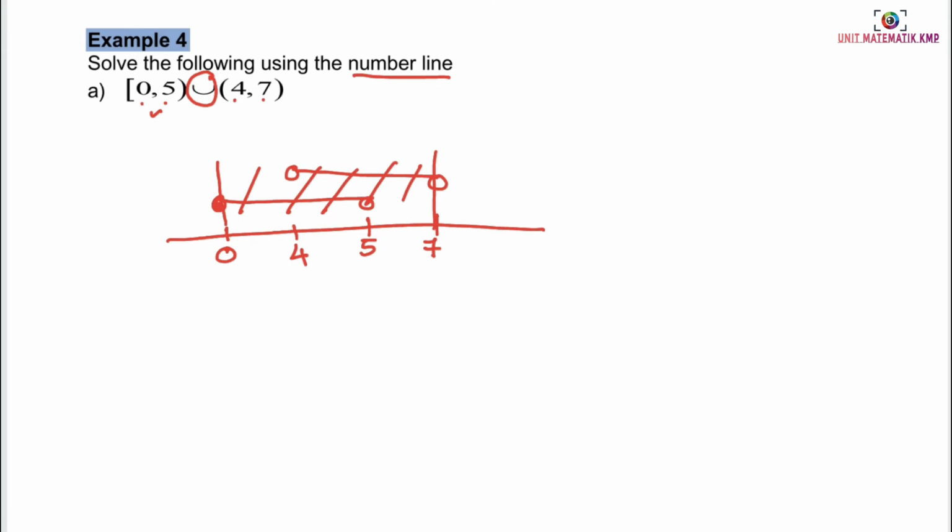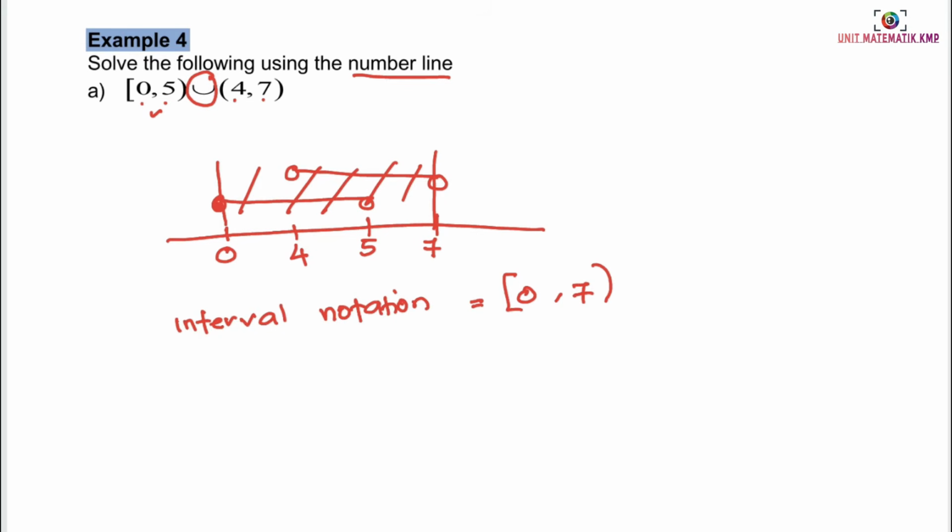We have two methods to write the answer. First method, interval notation, equals 0 to 7. 0 has a filled circle, so closed. And 7 has an empty circle, so open.